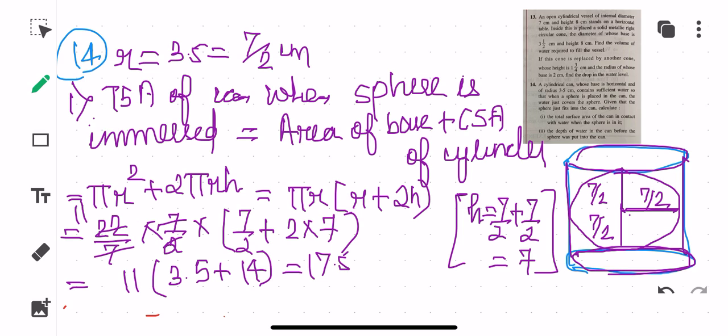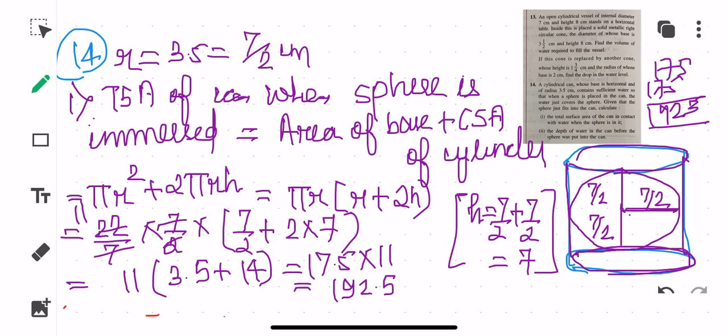So 17.5 into 11 we are getting. How much will this be equal to? This is coming out to be 192.5. And since this is surface area, this is centimeter square. So this is what you are getting.